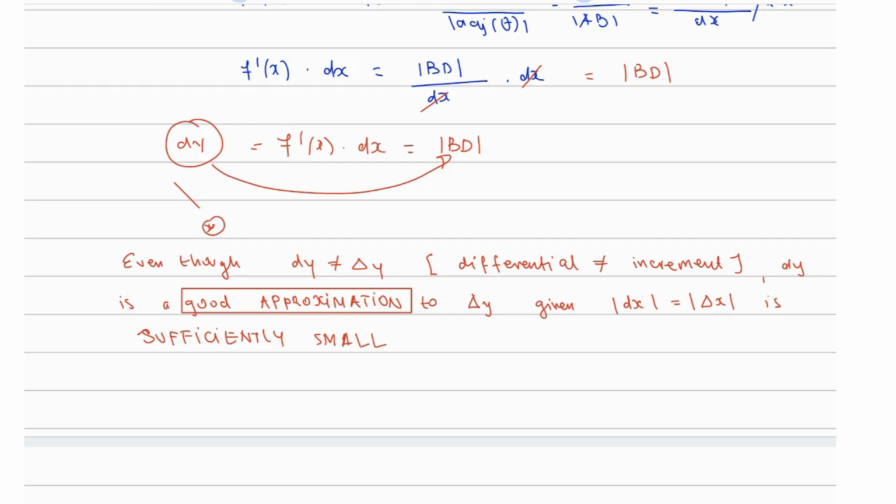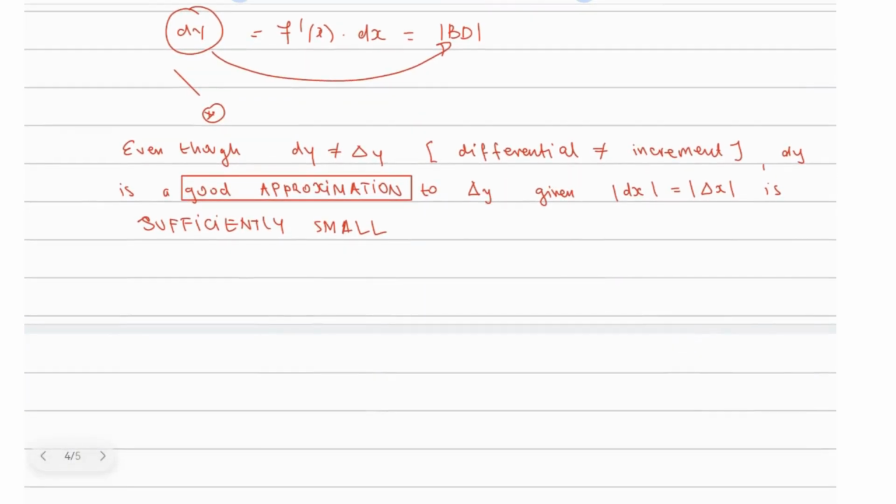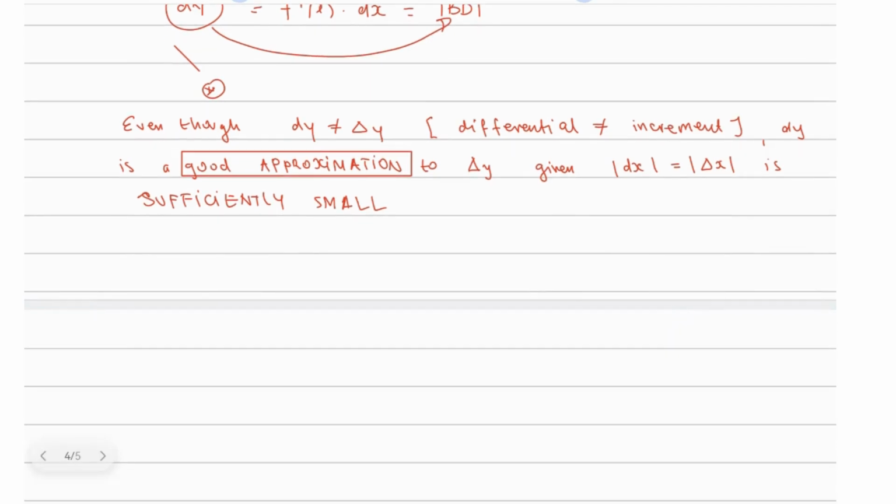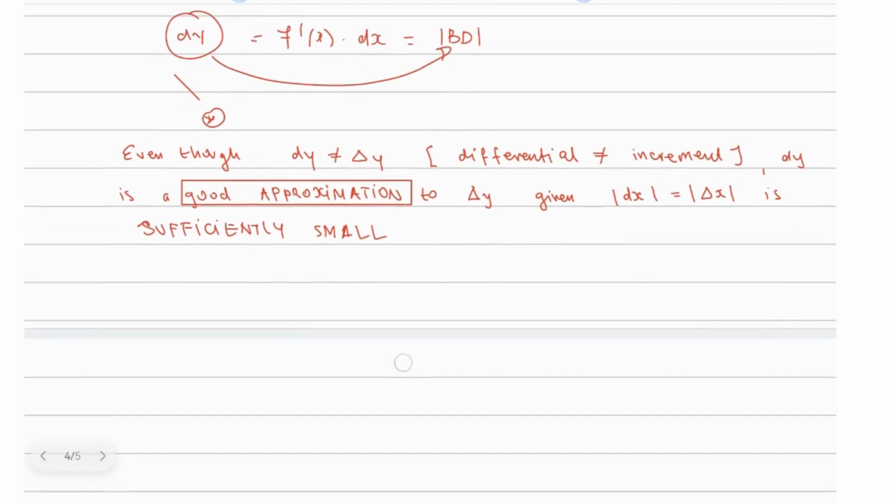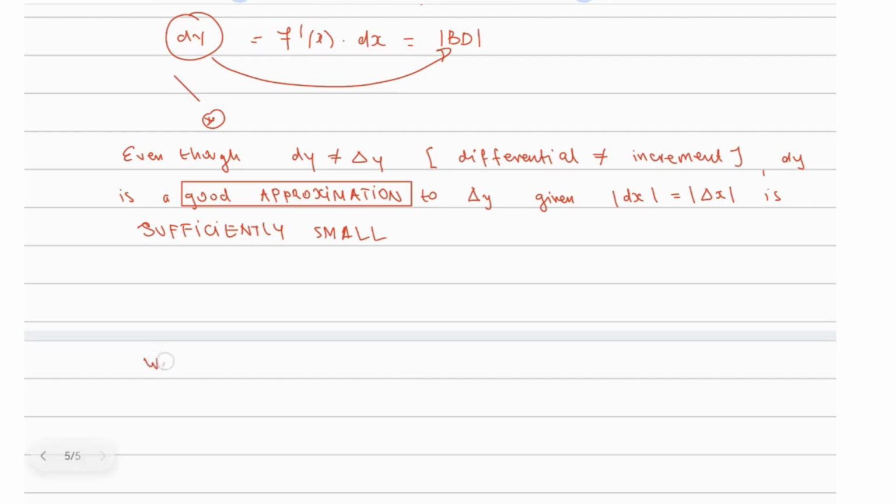Now, let us see why actually that works. So, what we want to see is why is dy a good approximation?